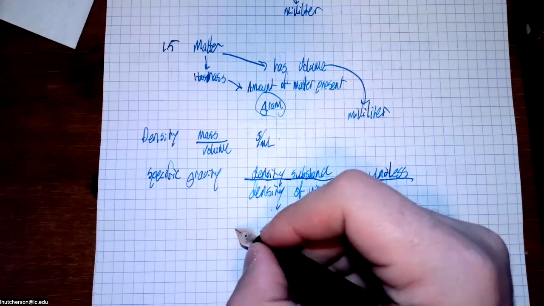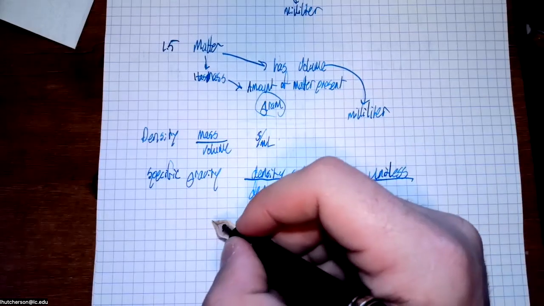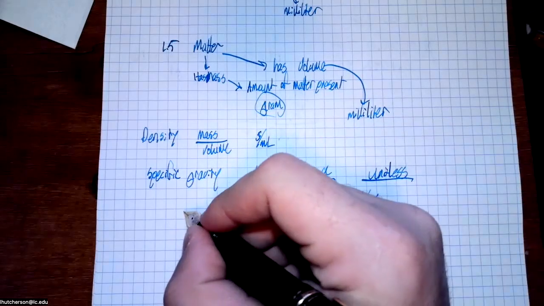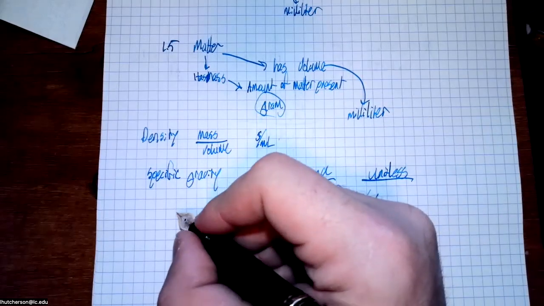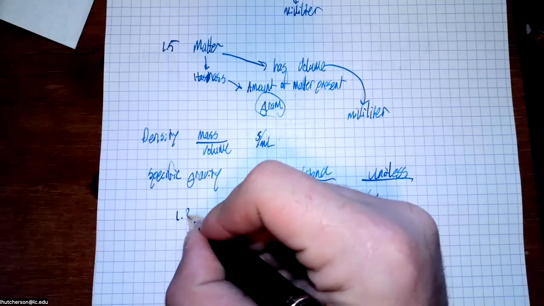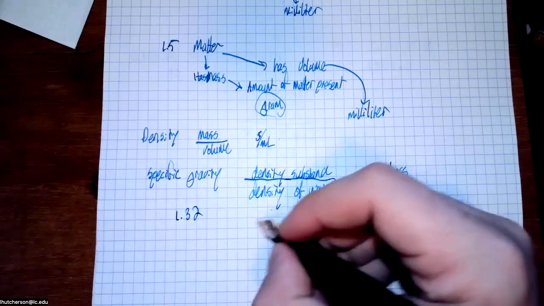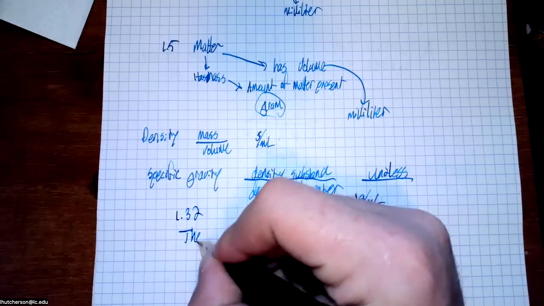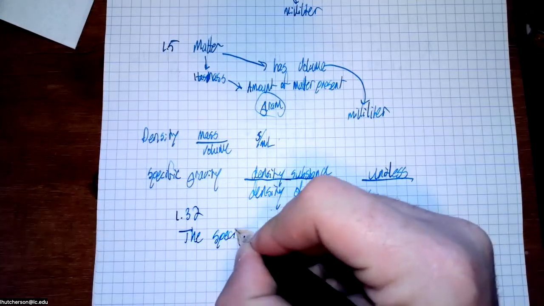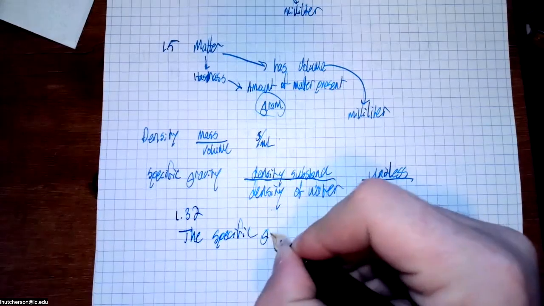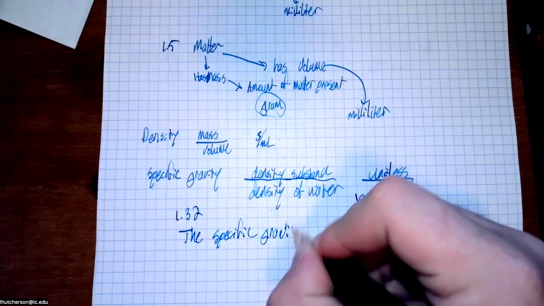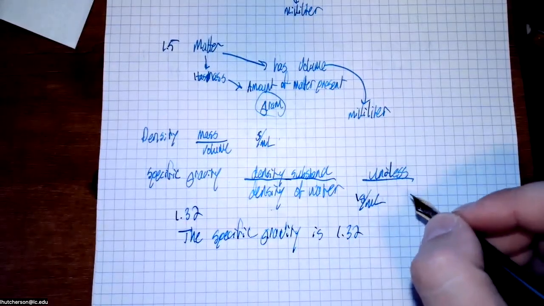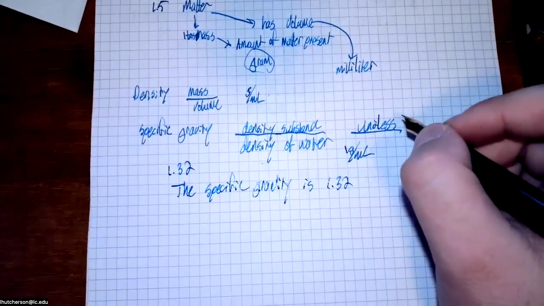Now, if we're stating the specific gravity of a substance, say we find it is 1.32, since this is unitless, we would say the specific gravity is 1.32. Okay.